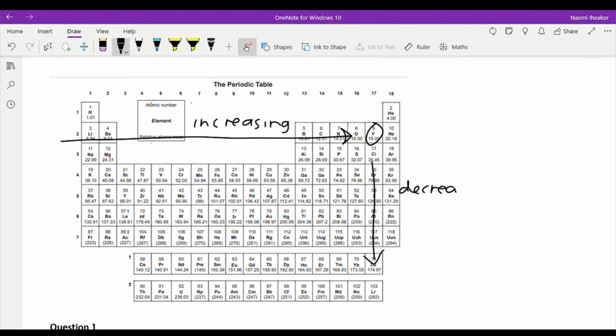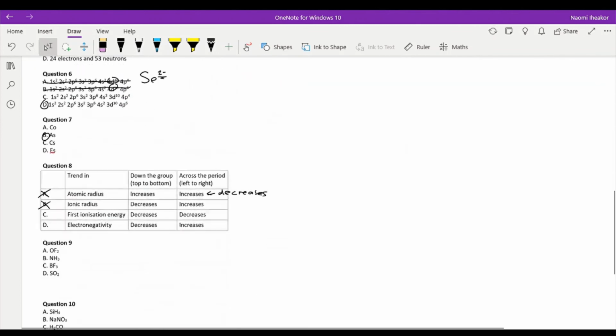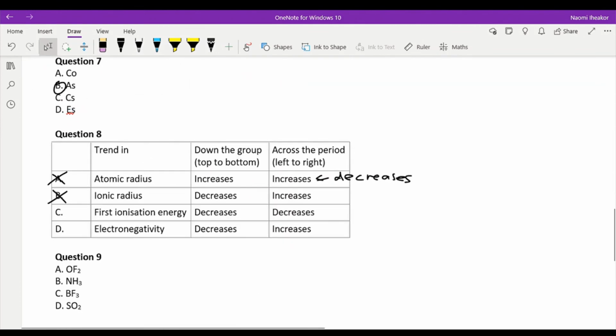So the trend there is that it increases across the period and decreases down the group, which I think was what they said there. Electronegativity decreases down the group, yep, and increases across the period. So D is the correct answer for question 8.